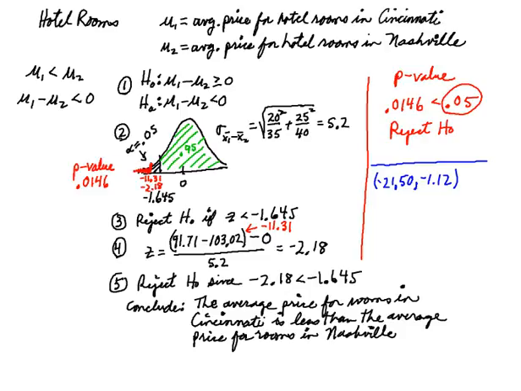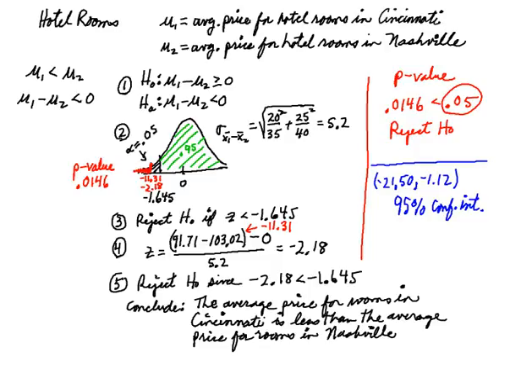Now, if you remember, that was a 95% confidence interval. And what that would basically be saying is that we were 95% confident that the real difference in population averages would be somewhere between negative 21.5 and negative 1.12.